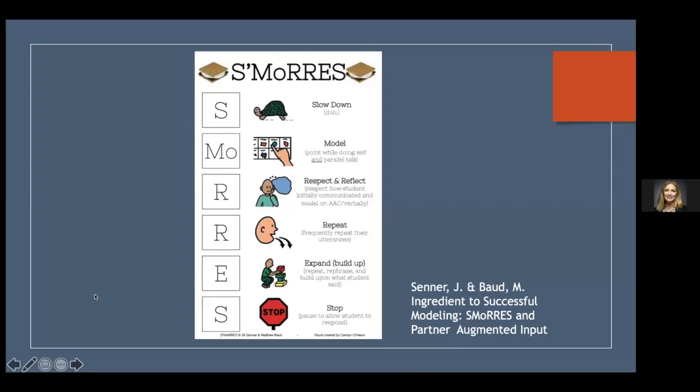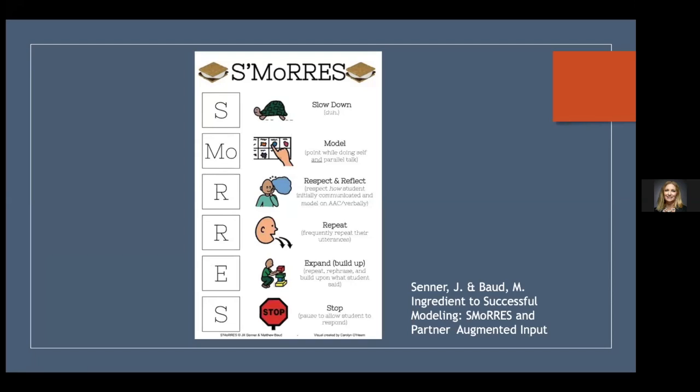So the way we break down, and again, this is from Dr. Jill Senner and Matthew Vaught's concept. We already talked about that partner augmented input, that aided language stimulation. Me and Janelle have been talking about that, but we really like their concept when they break down the strategies to make it more structured.